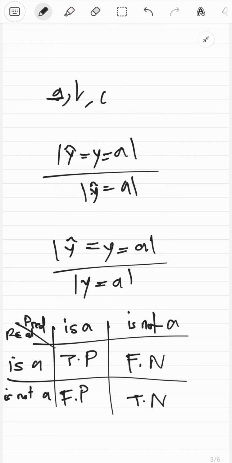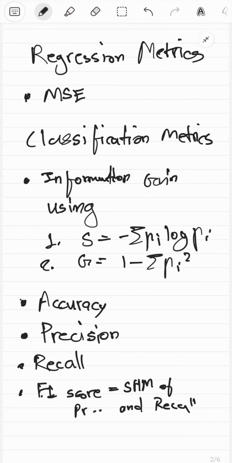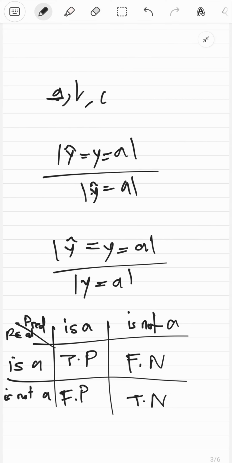Let me just check this up real quick. Okay, this is for the binary confusion matrix. Cool. So this is called the confusion matrix, and precision and recall can also be written with it. This is the precision, and this is the recall.